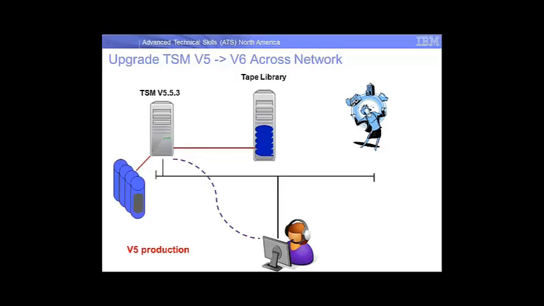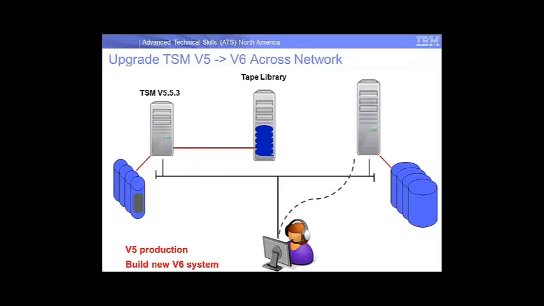We've got an image here of a production v5 system that's getting overloaded. The first thing that's going to happen is you're going to add some new hardware, connect it up, and make sure that everything works. Then we're going to prepare the version 6 system, and then actually do the upgrade, and the data is going to move over from version 5 to version 6 across the network.